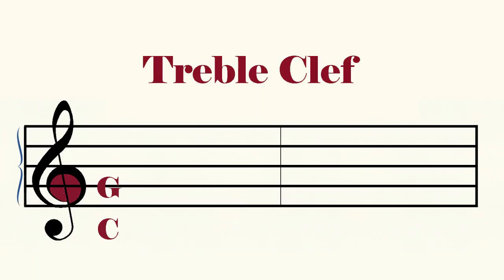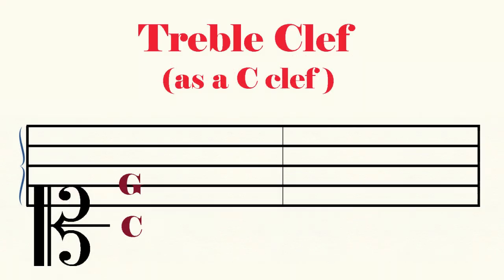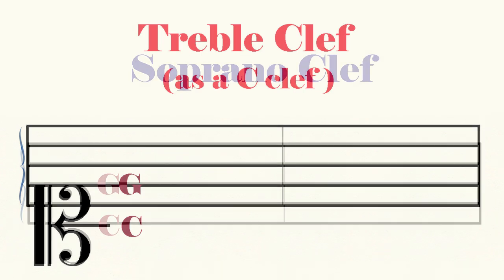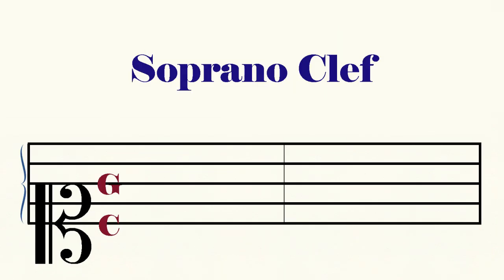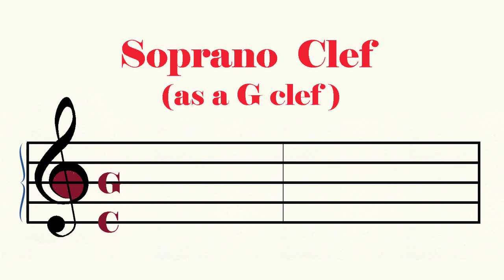The treble clef tells us that the second line is G. This is the G clef that most of us are familiar with, but if we rewrote this idea as a C clef, it would still describe the same system. And again, I am showing this to you just for the purpose of discussion. The soprano clef shows that the bottom line is C, but if we rewrite this idea so that it is a G clef, meaning that line 3 is G, then C is still the first line.